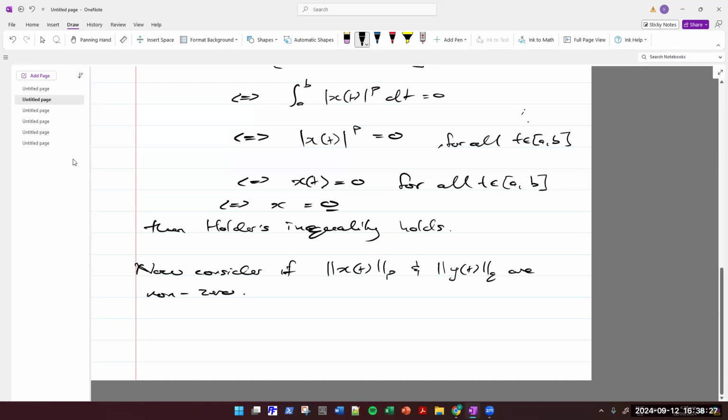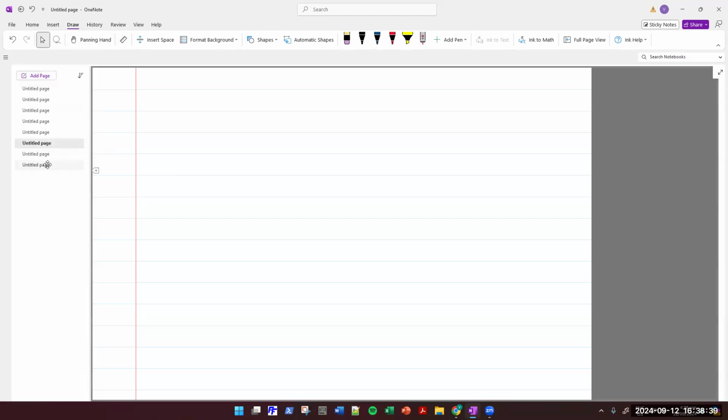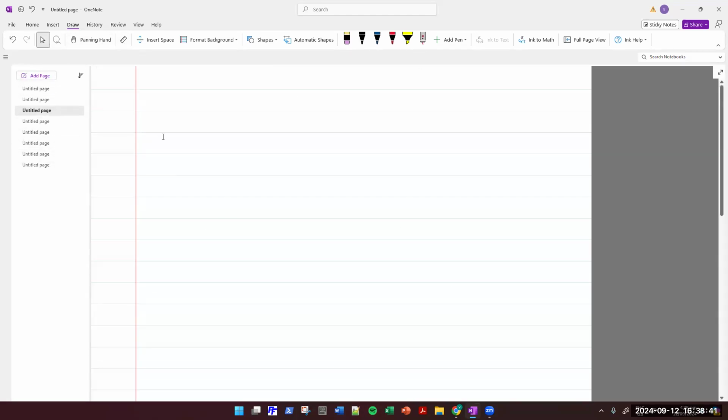Because if they are zero, it works. So if they are non-zero, the proof of this thing is actually a bit long. You could shorten it. Some textbooks might do the proof in maybe one page or something, but they are skipping a lot of things. So it looks short, but they're skipping a lot of stuff.